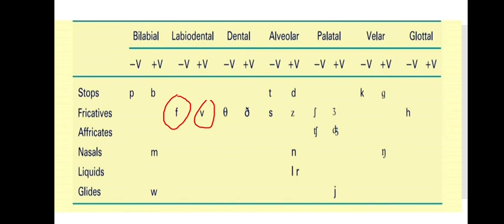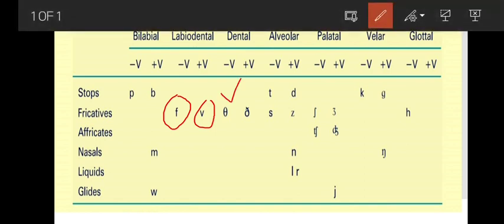If you say the sound th, th, th, one is voiceless and the other is voiced. These sounds are pronounced when the tip of your tongue touches the back of your upper teeth. That's why these sounds are called dental sounds.